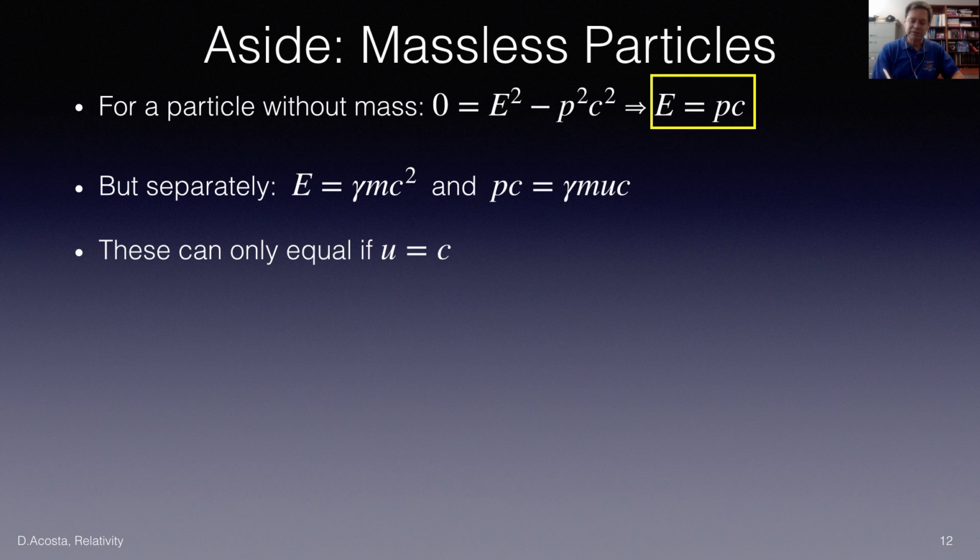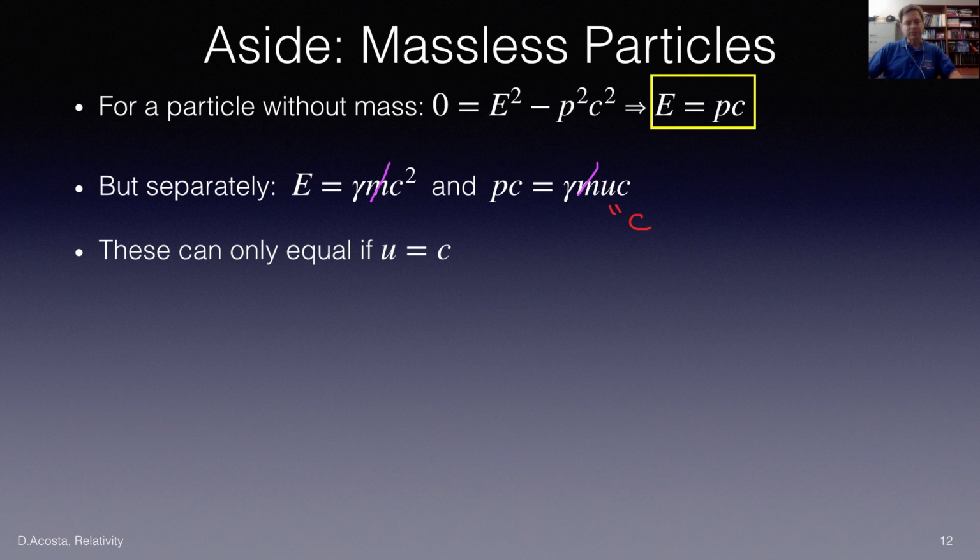So if I take this u in the second equation equal to c, I have gamma mc squared on one side and gamma mc squared on the other. Of course, in that case, the m's would cancel, so I don't have to worry about the mass being 0 in that case.